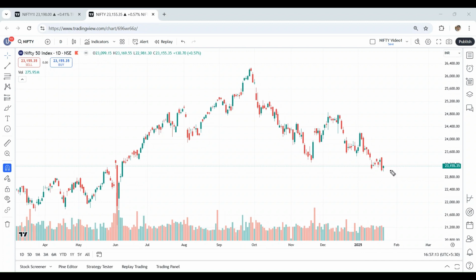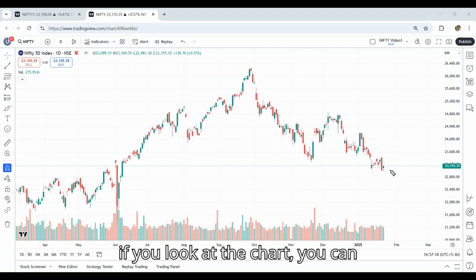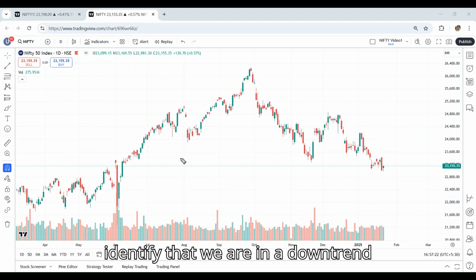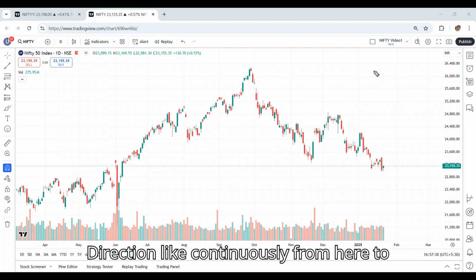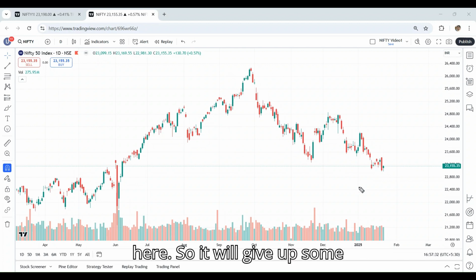So, what is the way forward? If you look at the chart, you can identify that we are in a downtrend from here. Okay, from here. The market will never fall in one direction continuously from here to here.